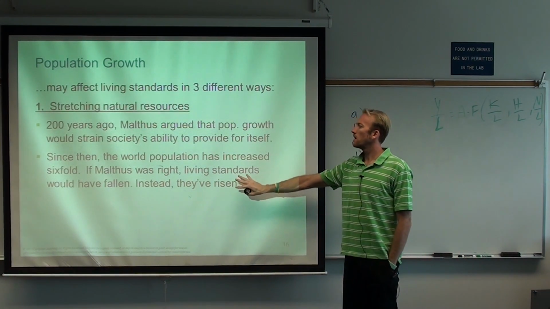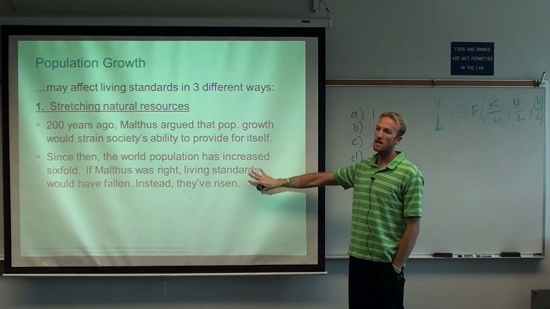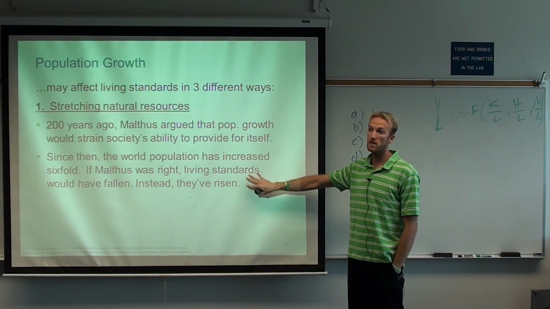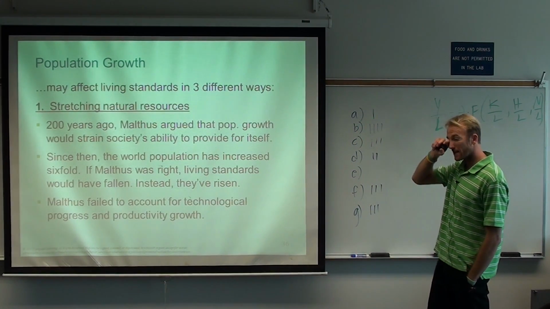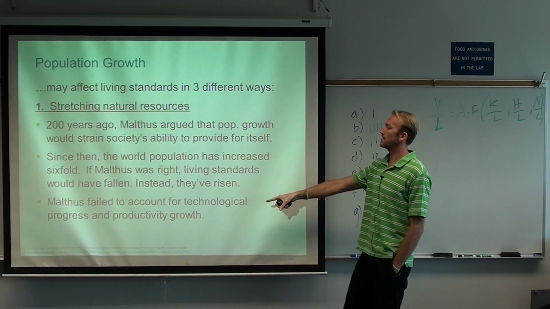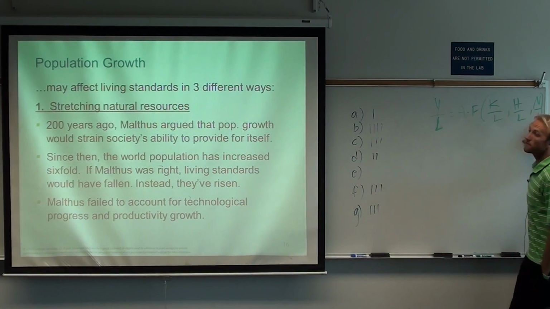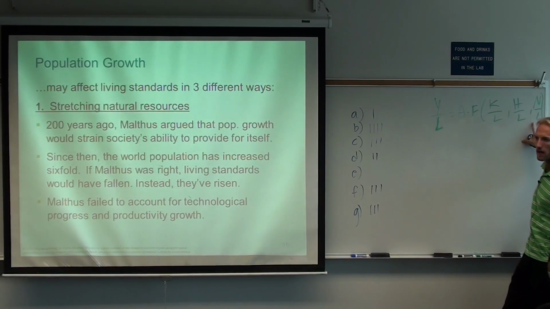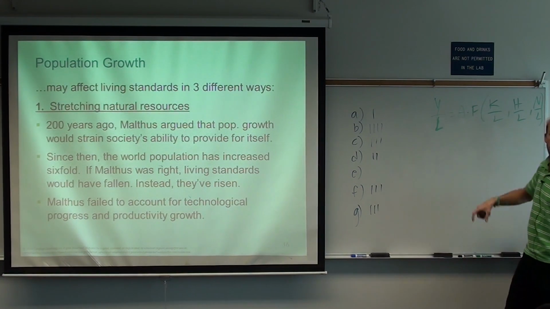But for a multitude of reasons, this has not seemed to play a big enough role in making our living standards go down. Our living standards have actually gone up. And the reason why his prediction went wrong is this technological progress. Yes, perhaps the level of natural resources per laborer is going down, but we have A that's increasing at a higher rate than this is going down to take care of it.